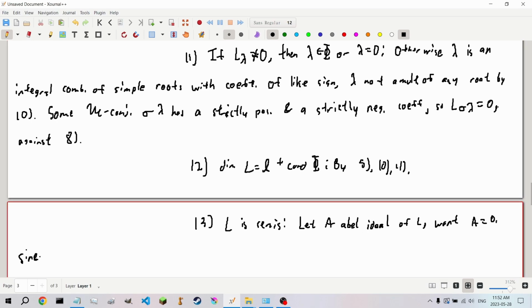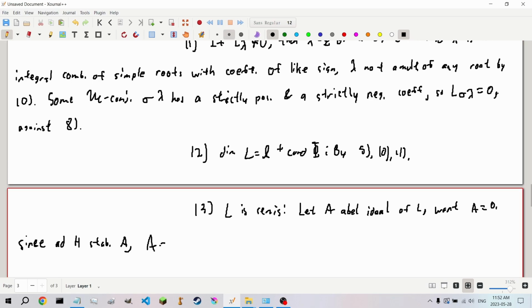Since the adjoint of H stabilizes A, A can be written as the sum of its intersection with H plus the sum of its intersections with each root space in our root system. As L is H plus the sum of these L alphas.